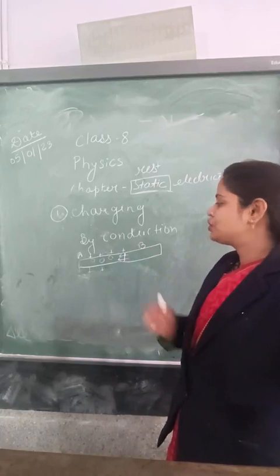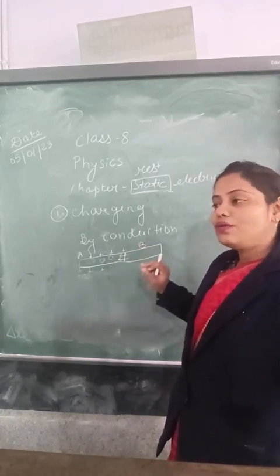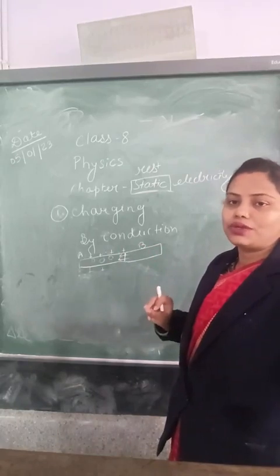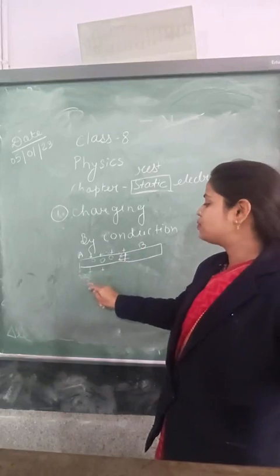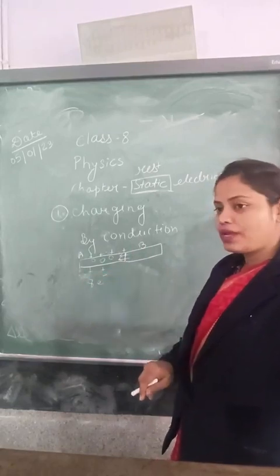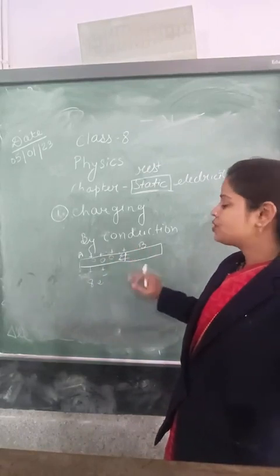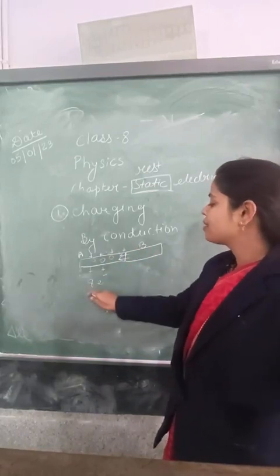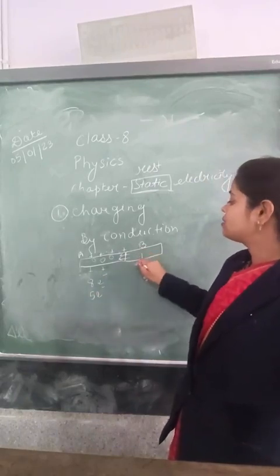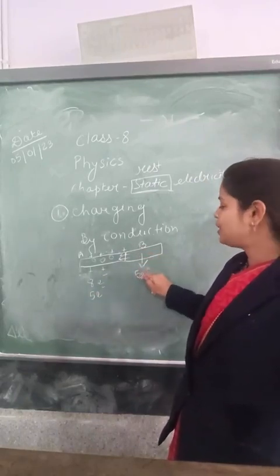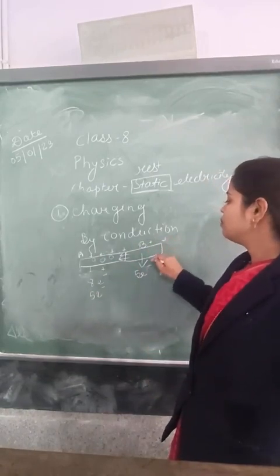As a result, rod B will now have atoms which are deficient of electrons, because it has lost its electrons. Let us take an example. It was electrically neutral, and with the help of conduction, rod A acquired 5 electrons. So rod B became deficient of 5 electrons, and it will develop positive charges.